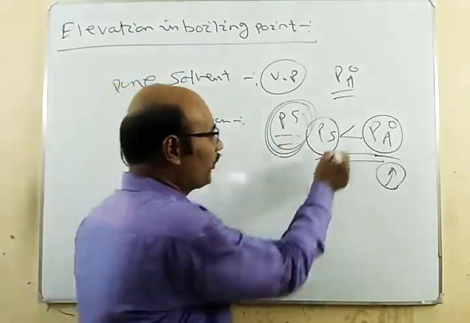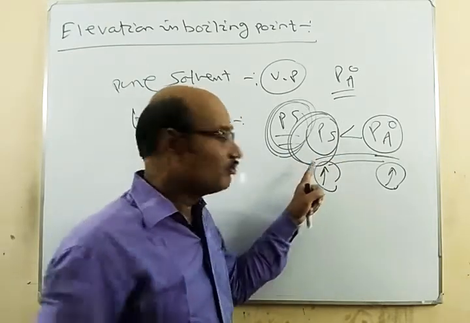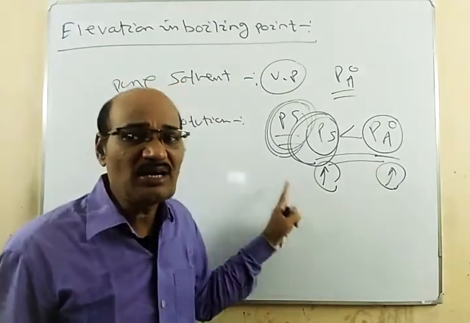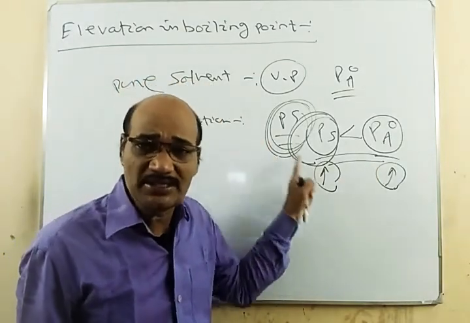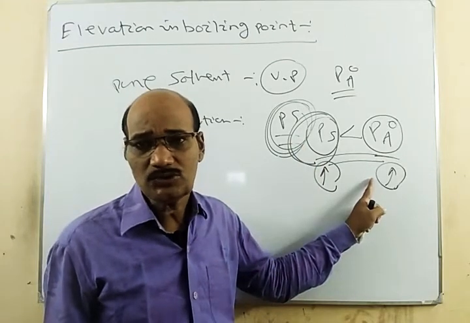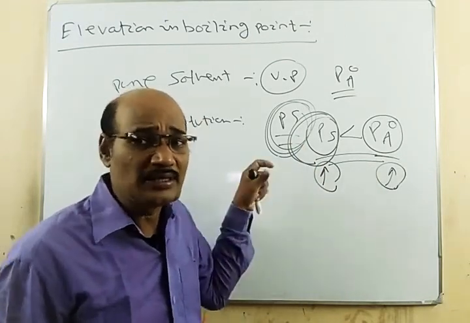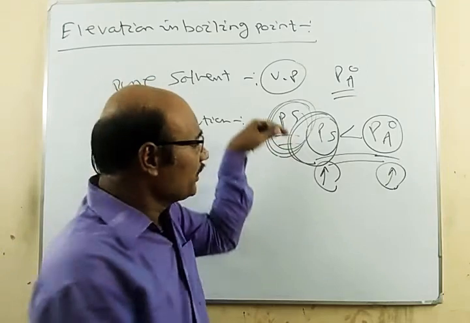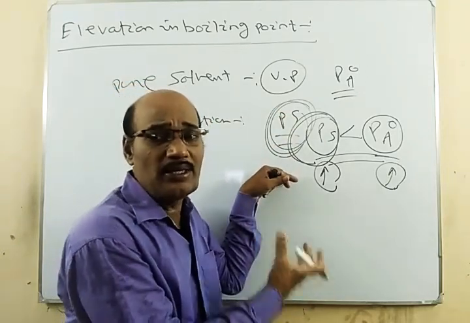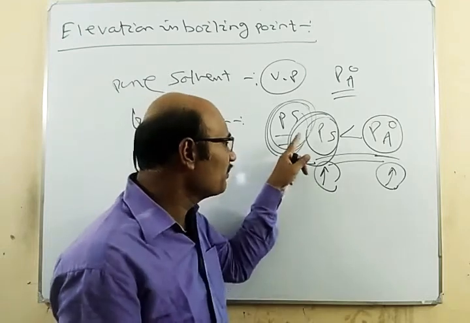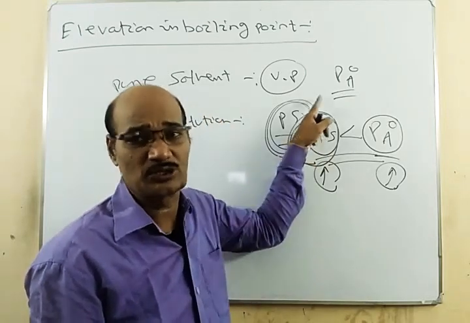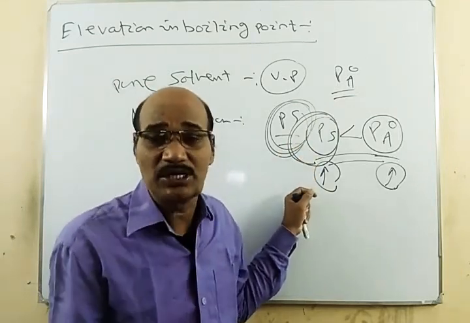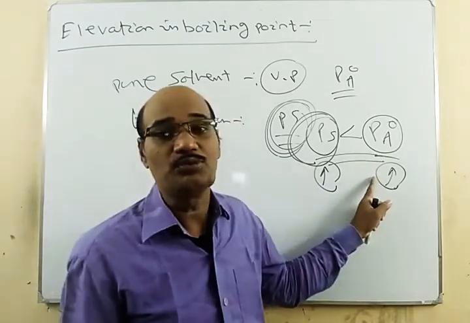That means the boiling point of a solution is more than that of the pure solvent. Why? Because the vapor pressure of a solution is less than that of the solvent. So we have to supply more temperature so that the vapor pressure becomes equal to atmospheric pressure. So the solution requires a higher temperature to boil as compared to the pure solvent.